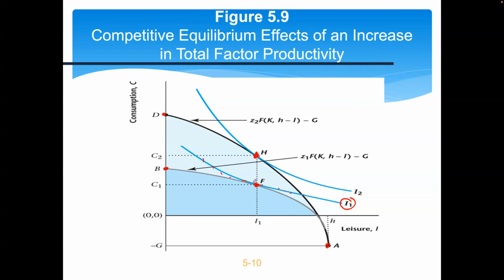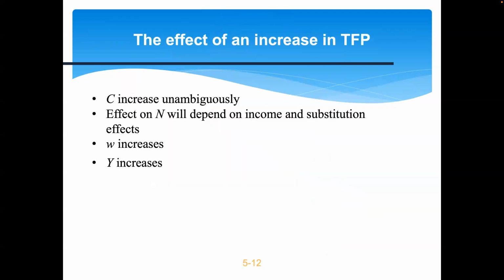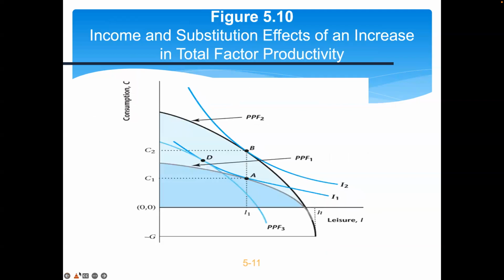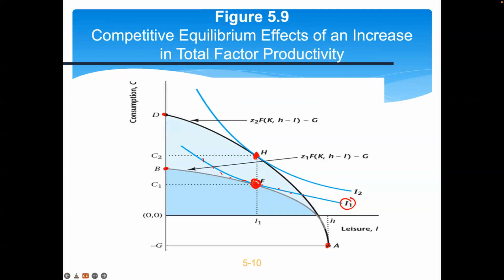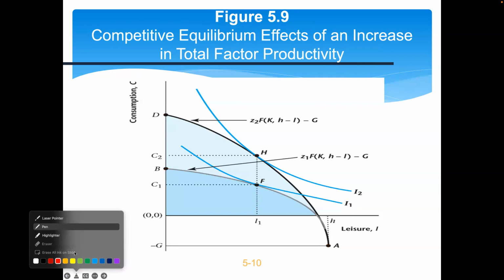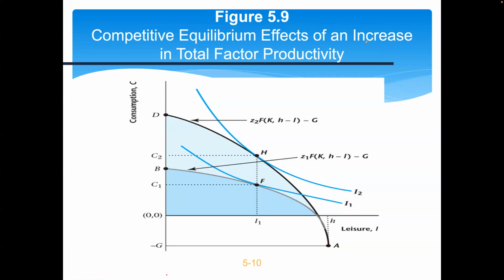Now, the next thing we need to understand is, what happens when we move from F to H? Like I said in the previous slide, the TFP increase is going to have two effects.